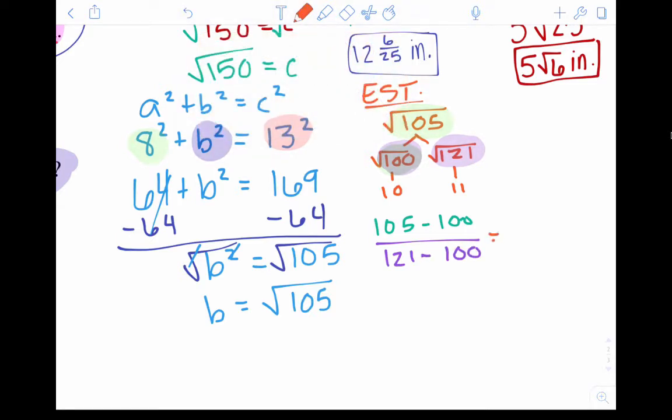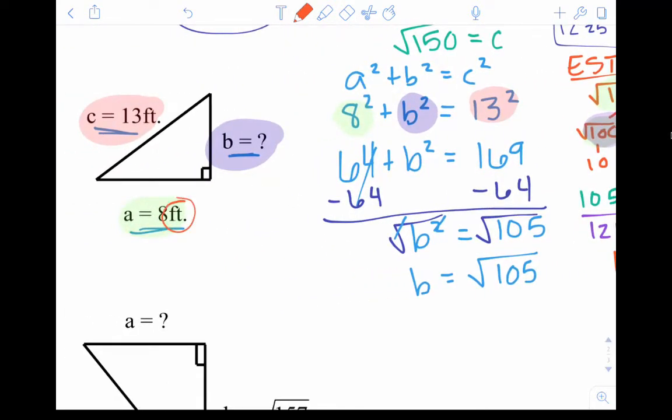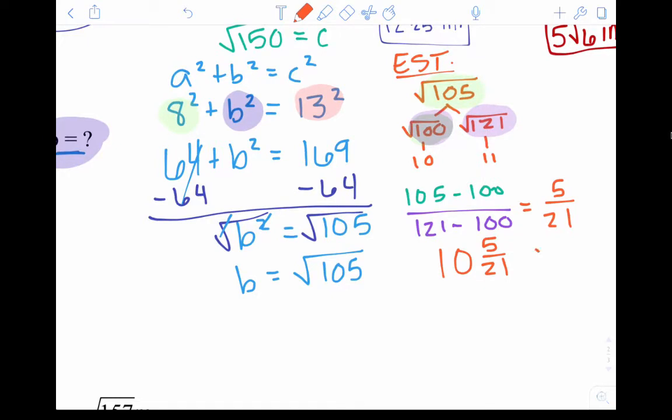And when I do that, I get 5 over 21. So since this is between 10 and 11, this is 10 and 5/21. Remember, for this, we can leave it as a fraction, but we need to look over and see that this is in feet. So I need to write 10 and 5/21 feet.